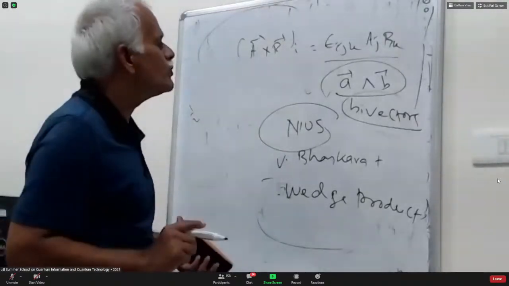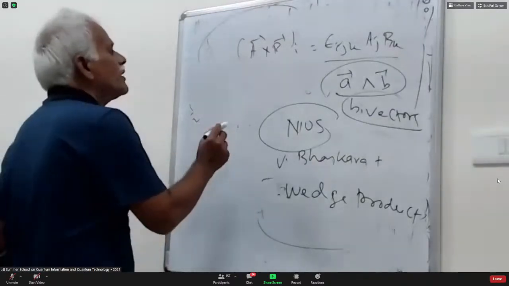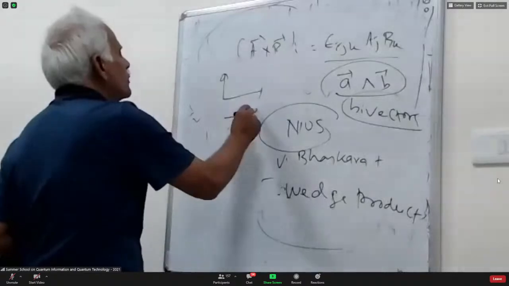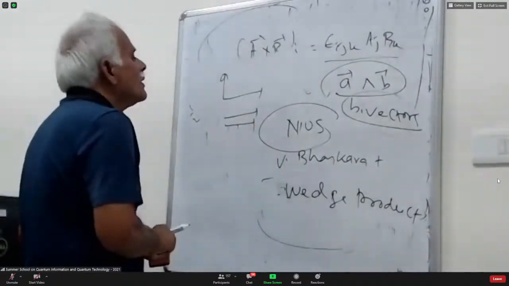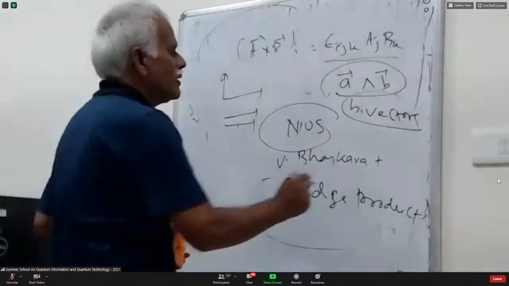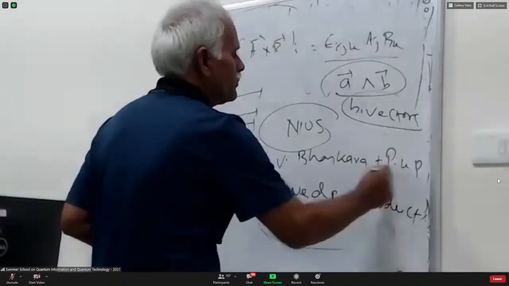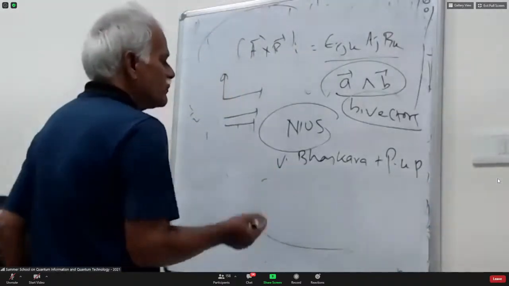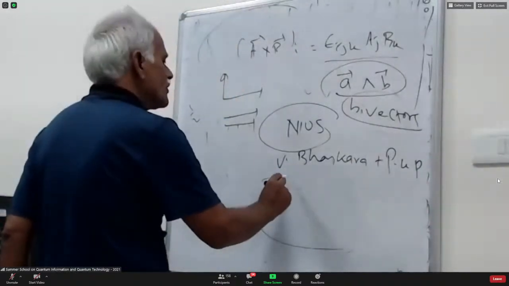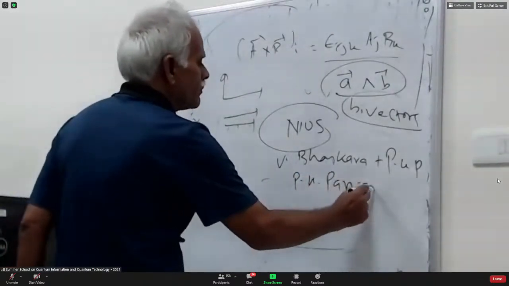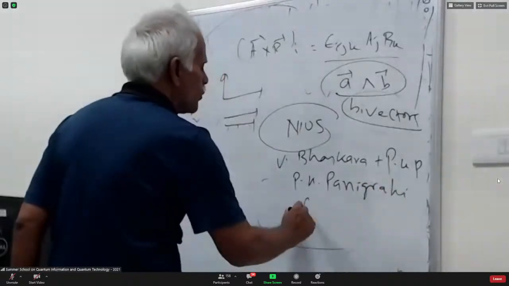And we finally found out it has nothing to do with anything else; entanglement is simply vectors being parallel or perpendicular. If they're parallel, convince yourself, people can check it out. It was published, and subsequently more general things have come out. In fact, very recently, if you go to the archive, you can check, P. K. Panigrahi, Google Scholar.